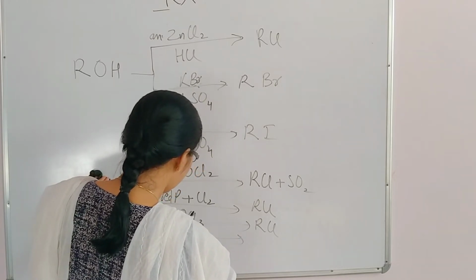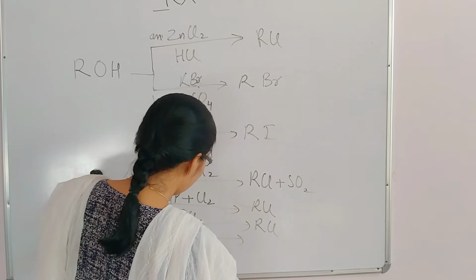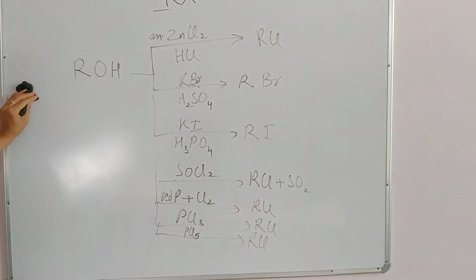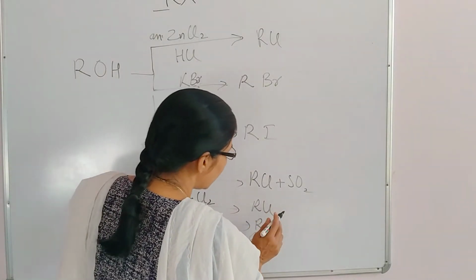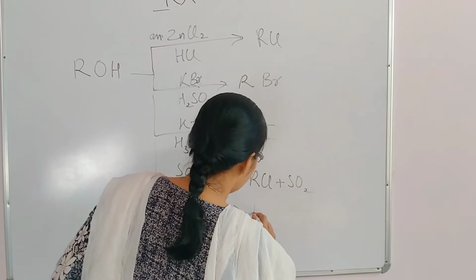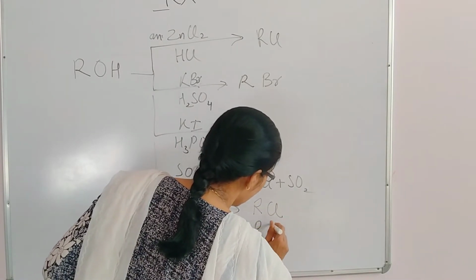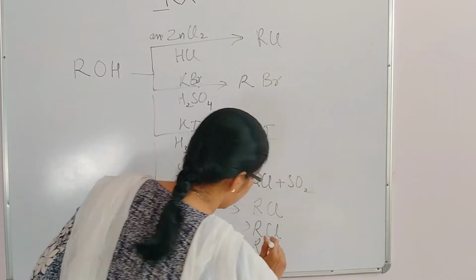POCl3 will be the byproduct, then PCl5, then also RCl. So these are all the methods. This is not U, this is RCl. Please understand, make it clear, RCl, it's not U.